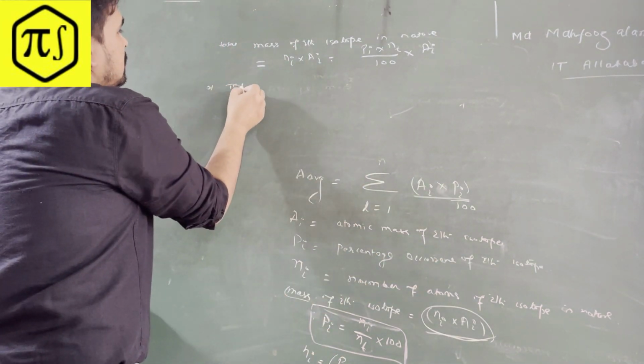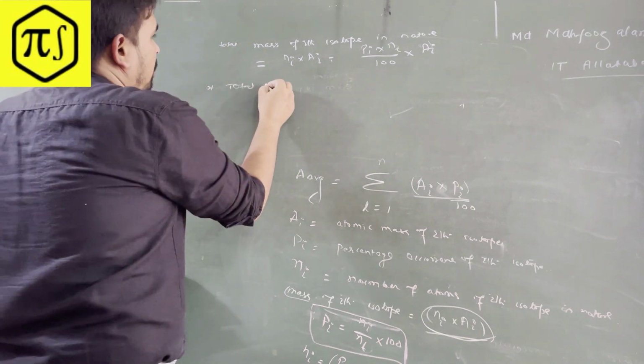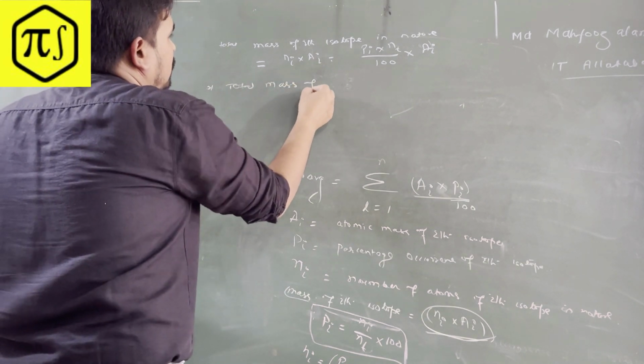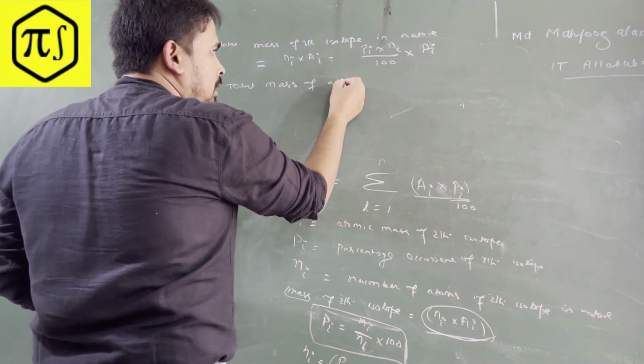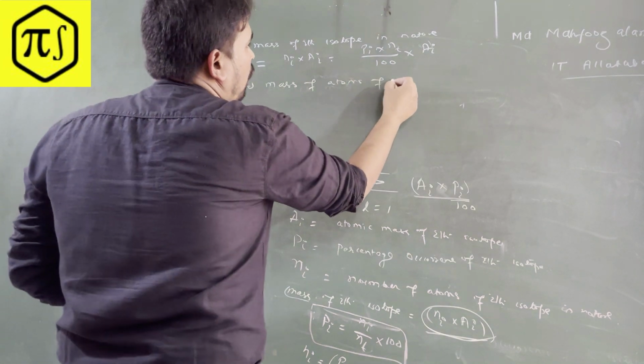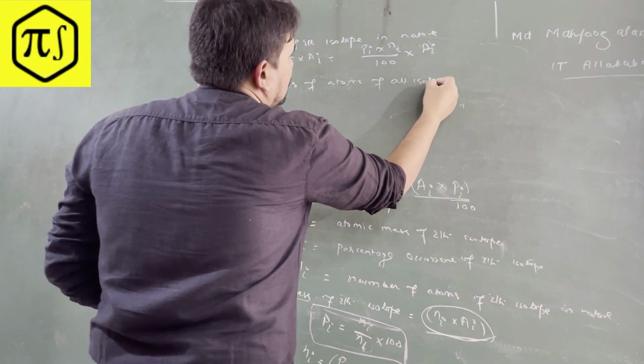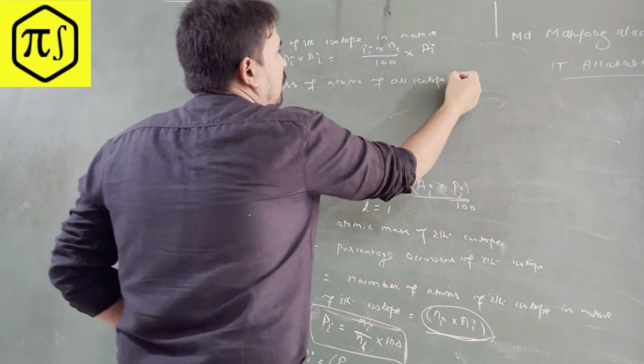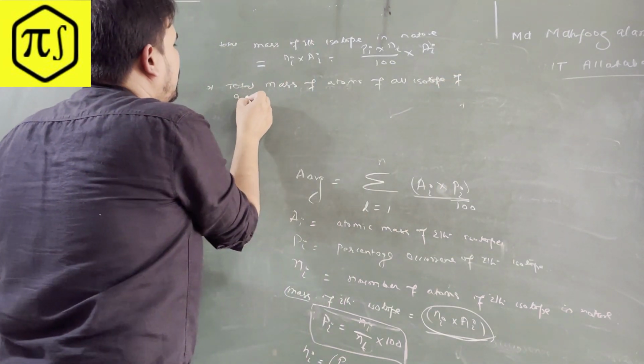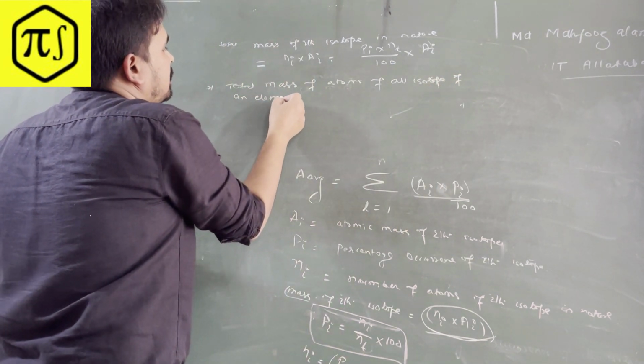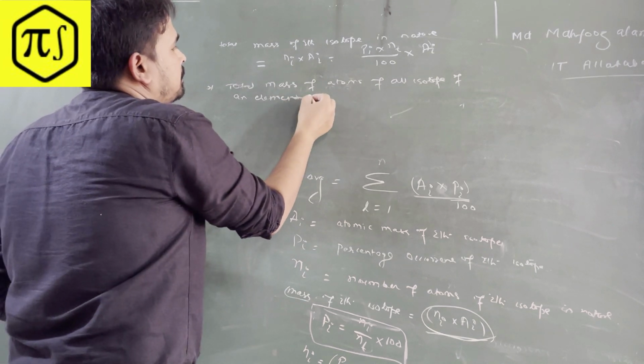So the total mass of atoms of all isotopes of an element, that's what we can say.